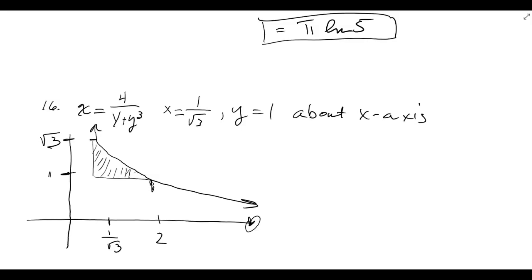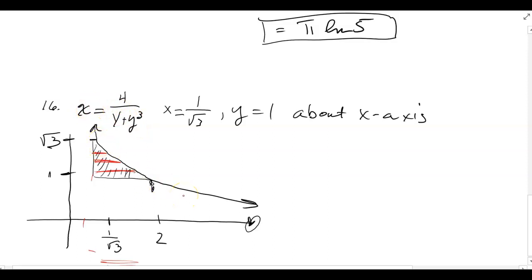So our shell's going to go this way, right? Or at least the piece of our shell, the piece of our cylinder, and then it's going to come down here and finish off down here. Now the reason it would be very difficult to convert this and solve for y to get an x for this particular function.